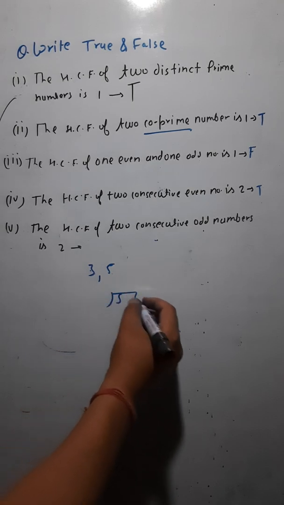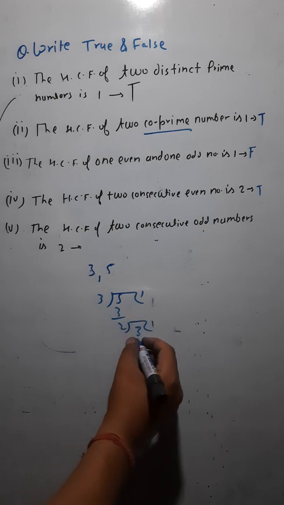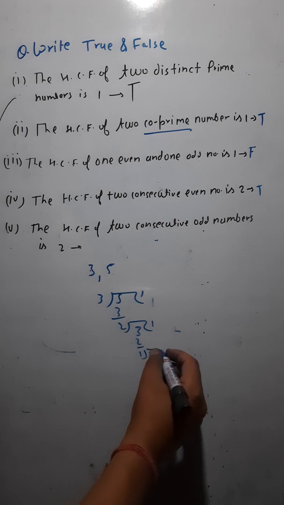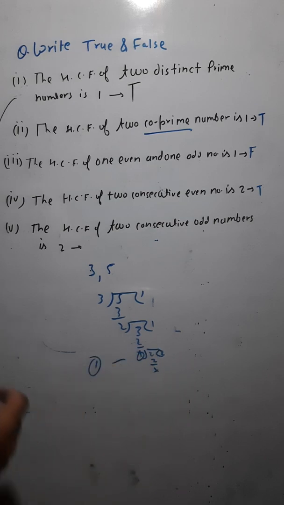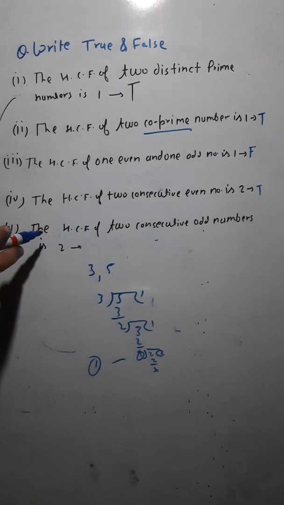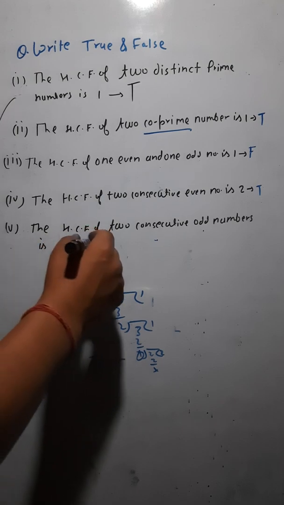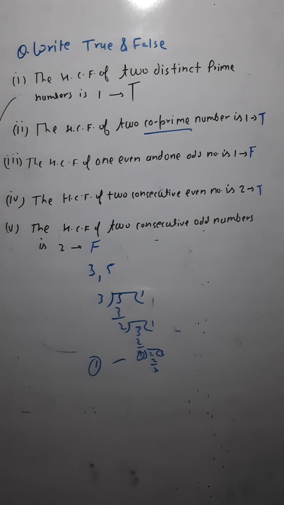Now find their HCF. Divide 5 by 3, the remainder is 2. Divide 3 by 2, the remainder is 1. Divide 2 by 1, and the HCF is 1. The statement said the HCF of two consecutive odd numbers is 2, so this is a false statement, because we are getting 1 here. This is how you find whether a statement is true or false. Okay, note it down.